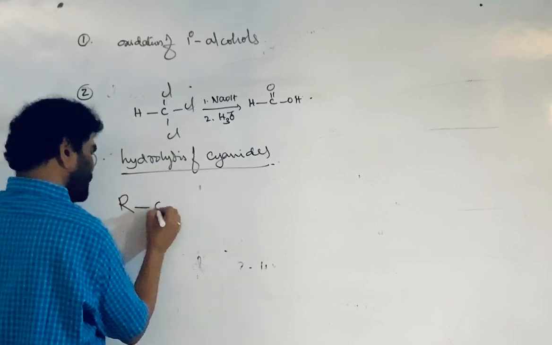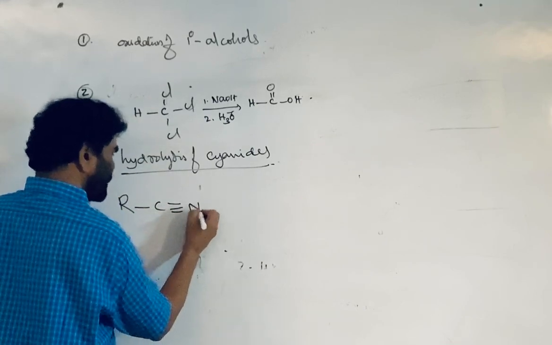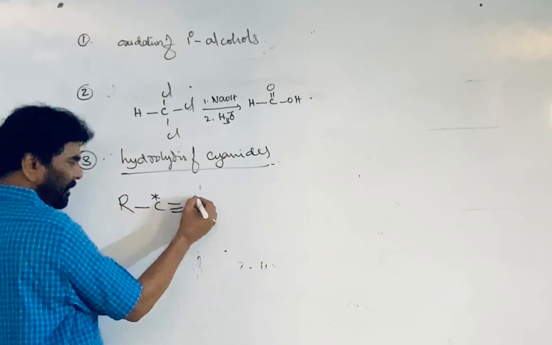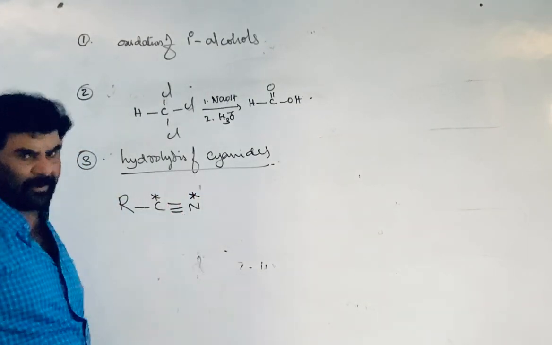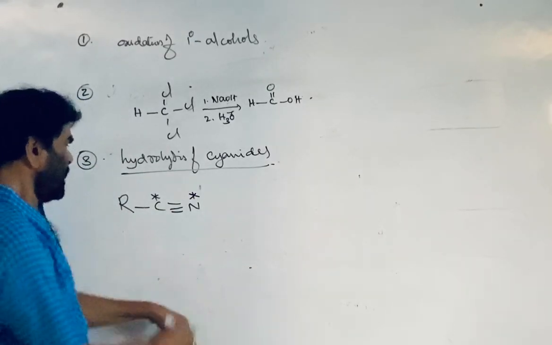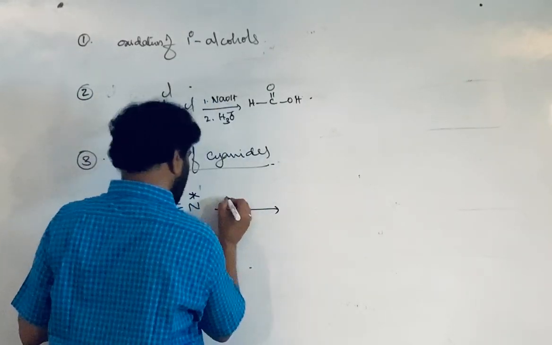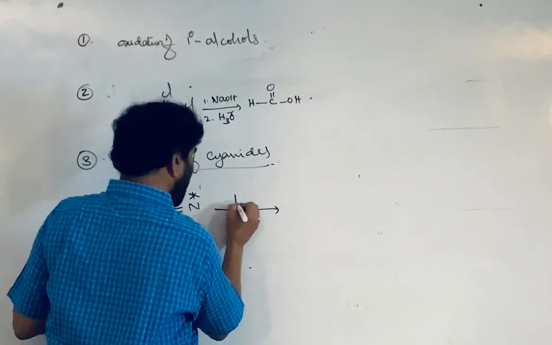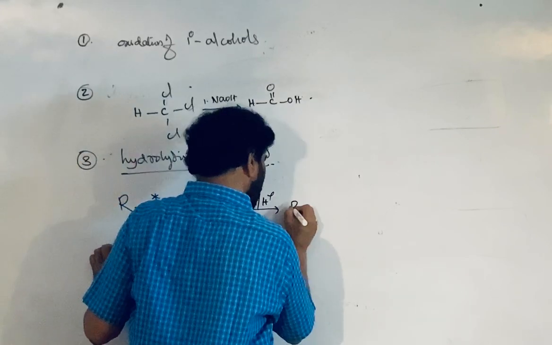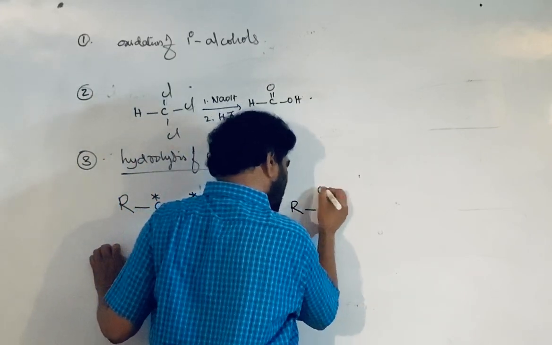It is a good source for COOH. This is the nitrile carbon and this is the nitrile nitrogen. There are pi bonds, and through the pi bond addition of water takes place. The hydrolysis is carried out in the presence of acid, that is H2O in the presence of H+ ion. Now you get the carboxylic acid directly.